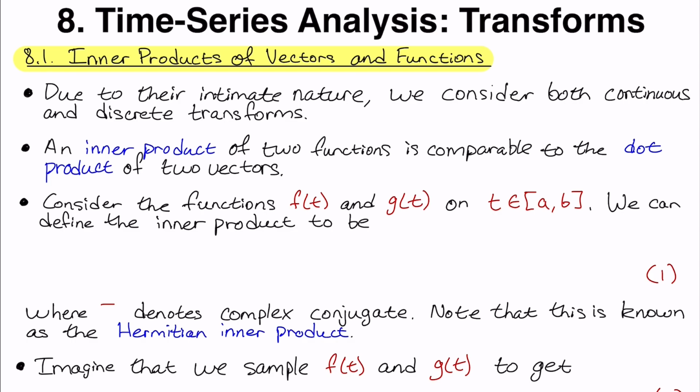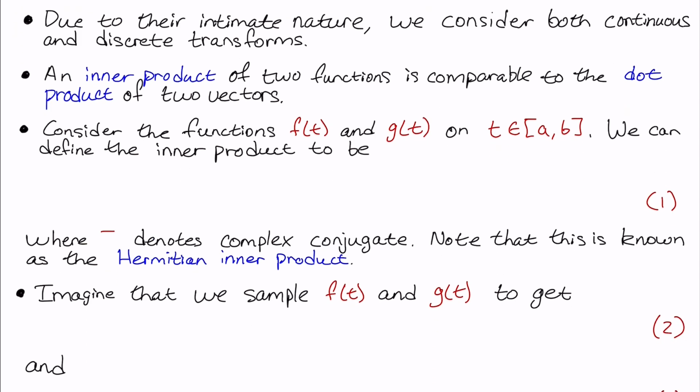And so in general, the inner product of two functions is comparable to the dot product of two vectors. We're going to define it for two functions, f of t and g of t, for t on some interval a to b. In that case, we can define our inner product to be the following. We're going to use triangular brackets to represent this inner product.